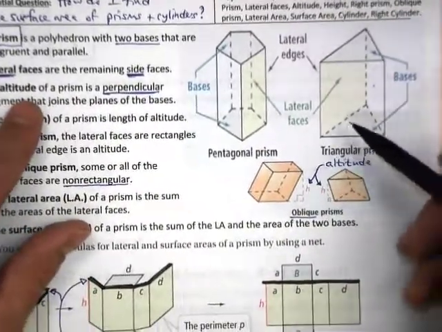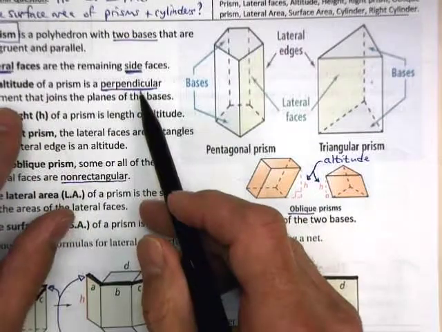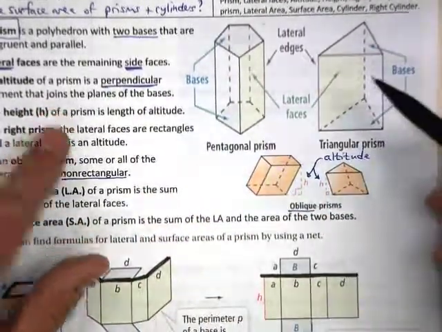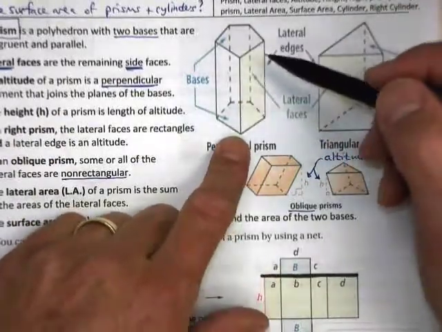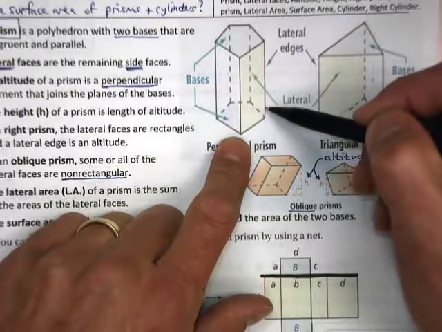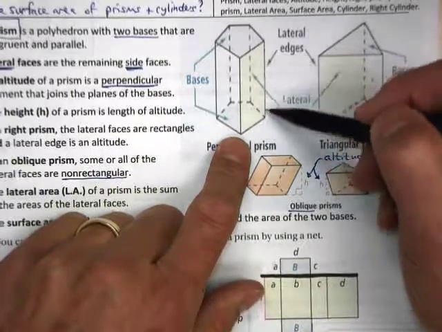The altitude of the prism is a perpendicular segment that joins the planes of the bases. So here, these look like right prisms, meaning this is a right angle from the base to this edge. And so this would be your altitude, this segment.